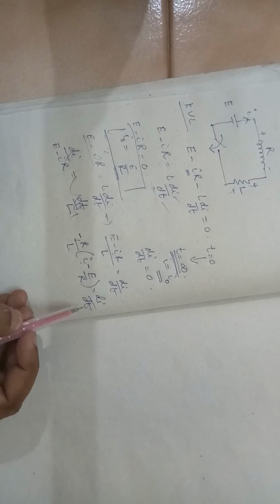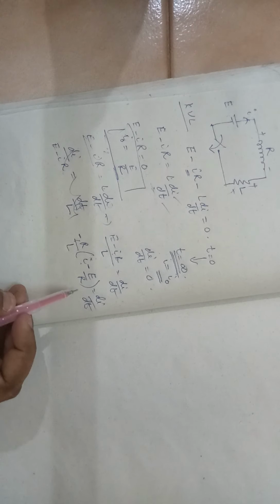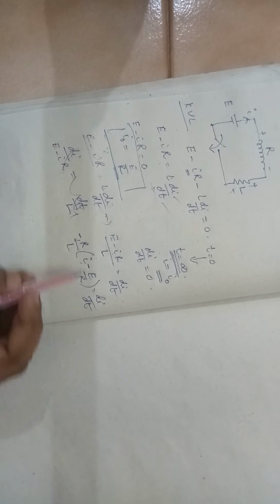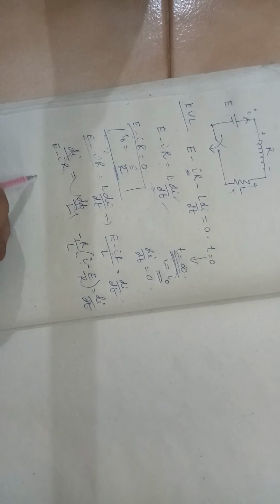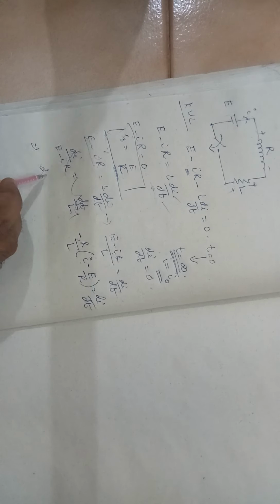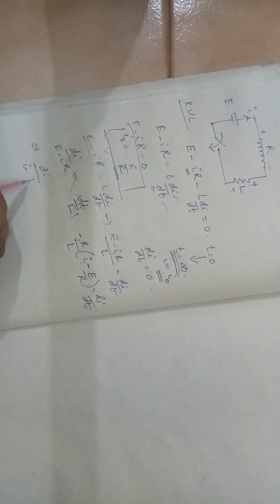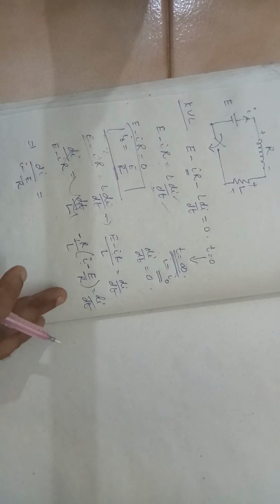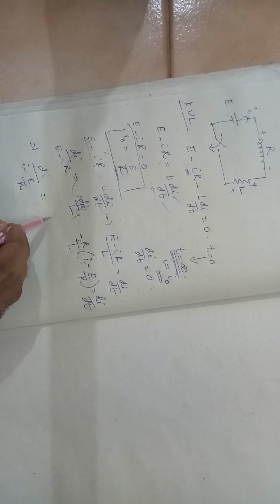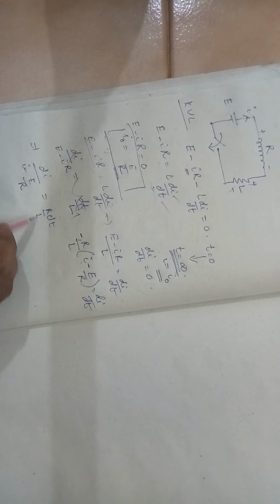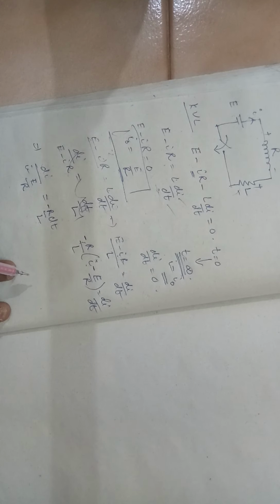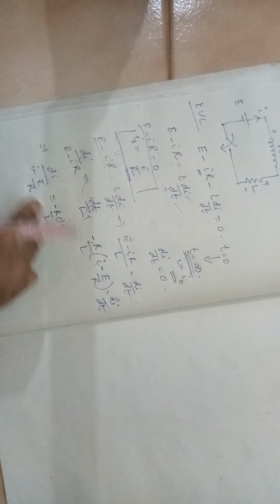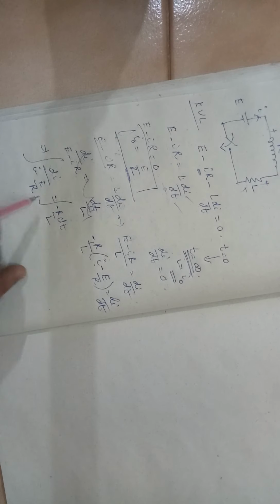So now let us rearrange the terms. While rearranging the terms, what are we going to get? We will get di by I minus E by R is equal to dt into R by L with a minus sign. So for getting the total expression, we can integrate both sides.